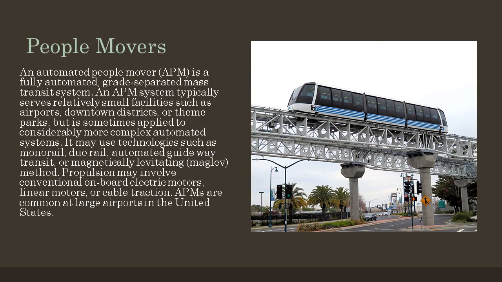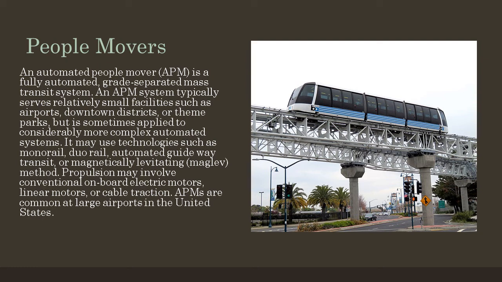An automated people mover (APM) is a fully automated, grade-separated mass transit system. An APM system typically serves relatively small facilities such as airports, downtown districts, or theme parks, but is sometimes applied to considerably more complex automated systems.